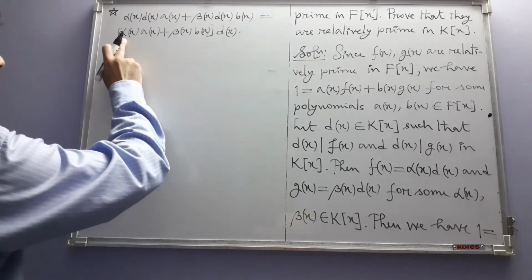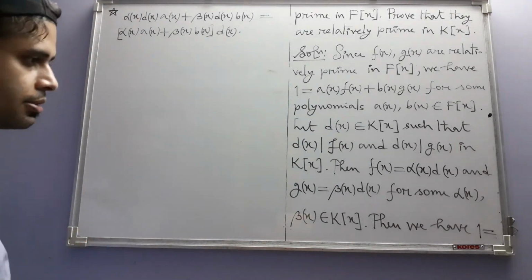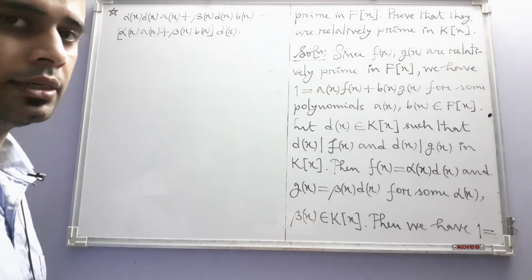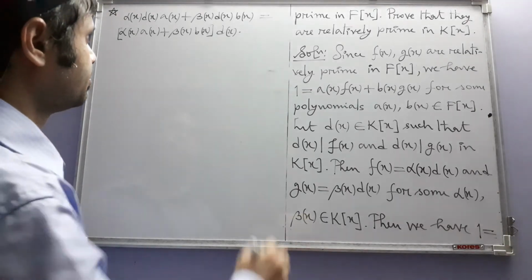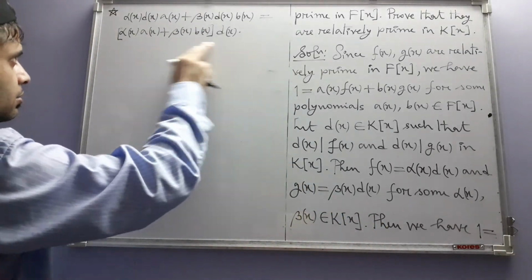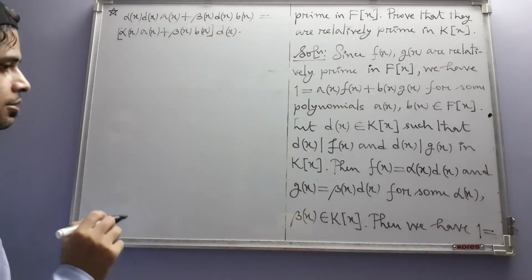So that's why these are both non-zero polynomials, and as such we can find their degrees. Their degrees exist, and from the formula for the degree of the product of two polynomials we have this.